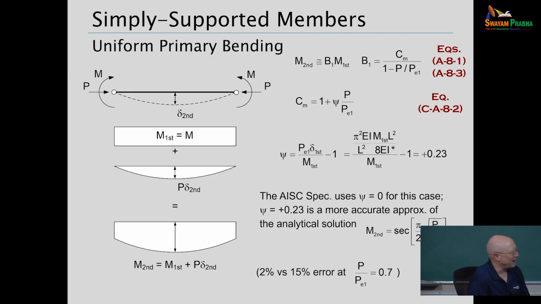And if we look at every other standard in the world that I'm familiar with, if you have a uniform bending case, that's the way it's done. So you could argue that looks like we might have an approximation here. Now, from theory of elastic stability, the rigorous solution by Euler-Bernoulli beam theory is shown there, the secant of pi over 2 times square root of P over PE1 times M first.